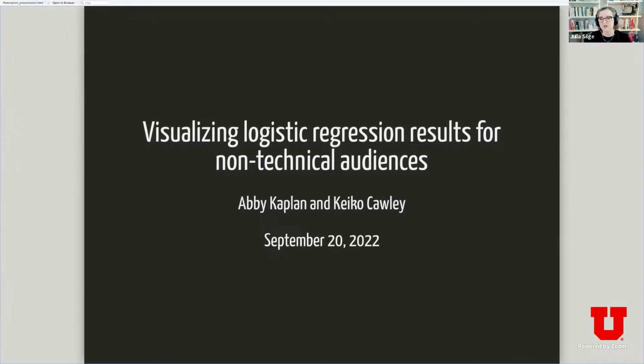Before joining Slick, Abby was an adjunct professor of linguistics, and that is Abby's background. And Keiko has a math background, and we're really lucky to have them both here speaking with us. They are going to be speaking, as you can see on this slide, about visualizing logistic regression results for non-technical audiences.